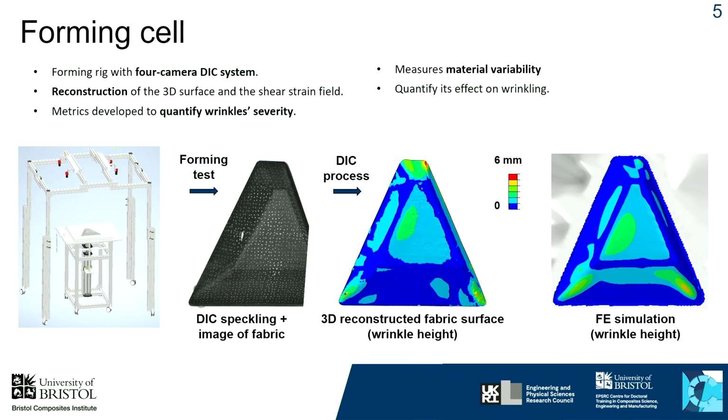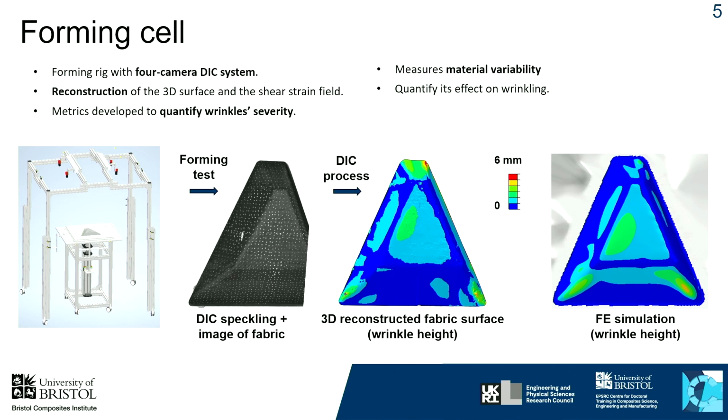I built a forming cell in the lab, and the main feature is that it has 4 cameras to construct a multi-camera DIC system. The function of this system is that before the forming trials, we can measure the material variability, mainly at the macro scale, like the variance of the fiber orientation as the uncertainty.